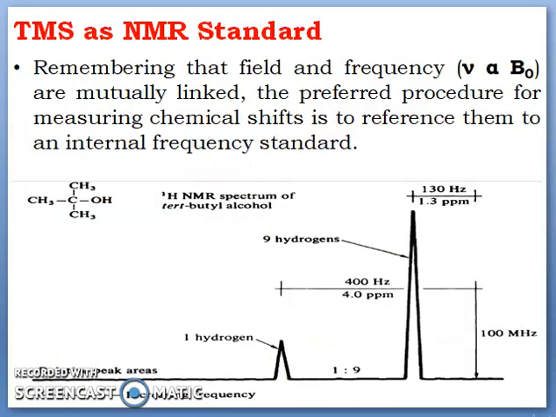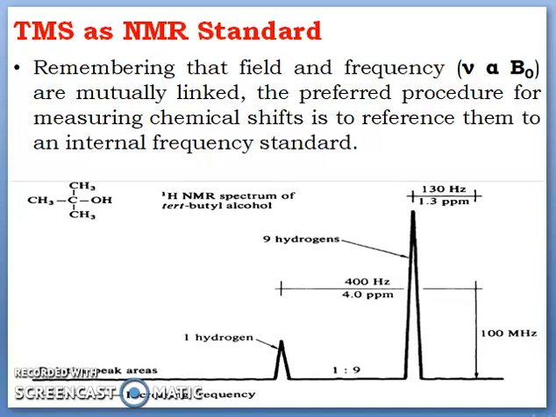See, we all know that the precessional frequency is directly proportional to the applied magnetic field. If you increase the magnetic field, the precessional frequency will increase. If you decrease the magnetic field, the precessional frequency will decrease.